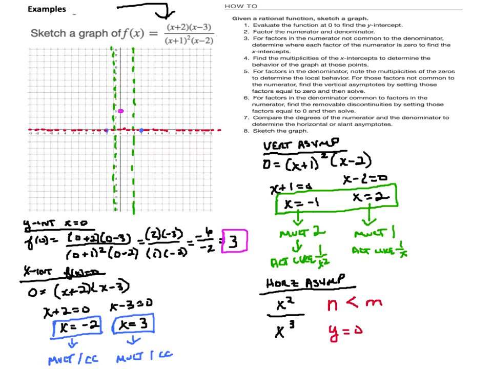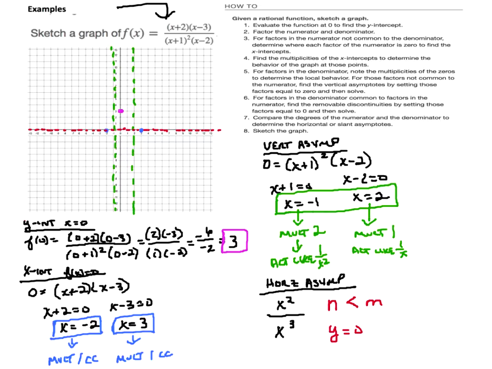Okay, so we want to note the end behavior according to the multiplicity of the asymptotes. I have a multiplicity of 2 at that asymptote, x equals negative 1.